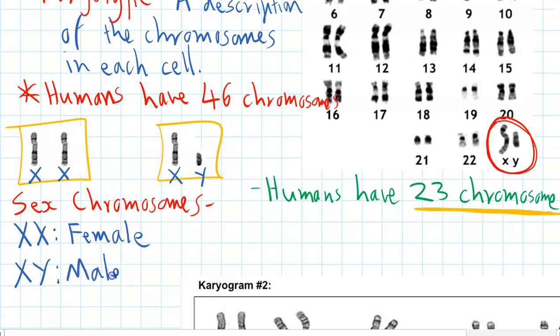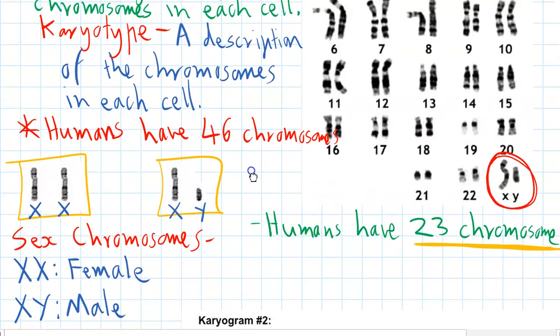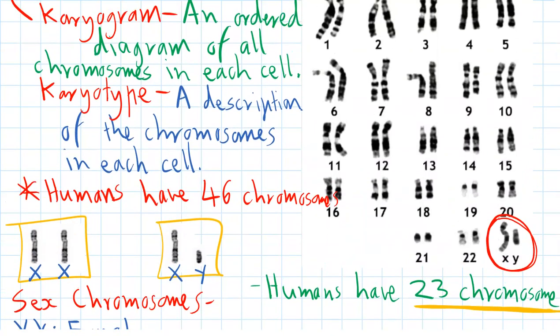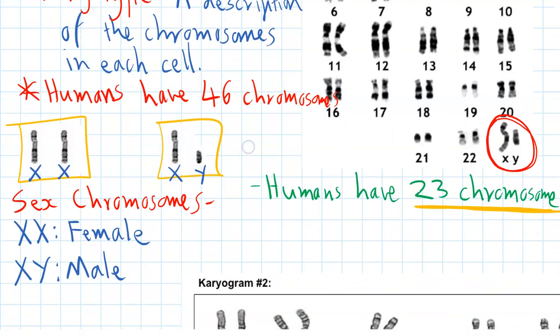This is only in humans, so every species has a particular way of determining the sex of the individuals. Most mammals have the XY chromosomes, but in birds and insects, it's done a different way, or it's evolved to happen differently. So sex chromosomes determine the sex, and all the other chromosomes are considered the normal body chromosomes that every person has, and they're called autosomes.